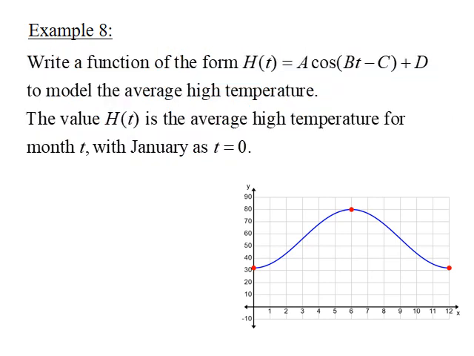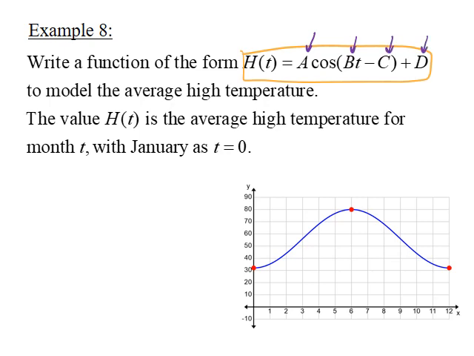Here is the formula that we will use. H of t represents the temperature, and t represents the month. So we're going to need to come up with a value for A, B, C, and D.